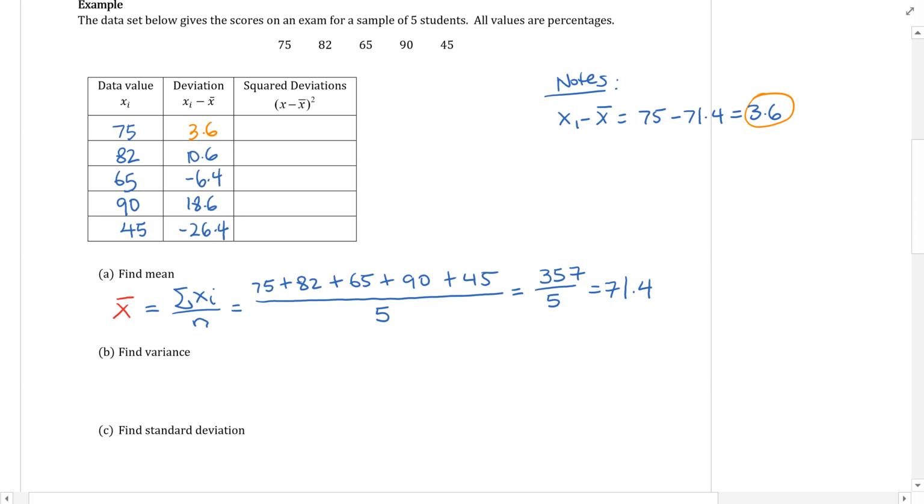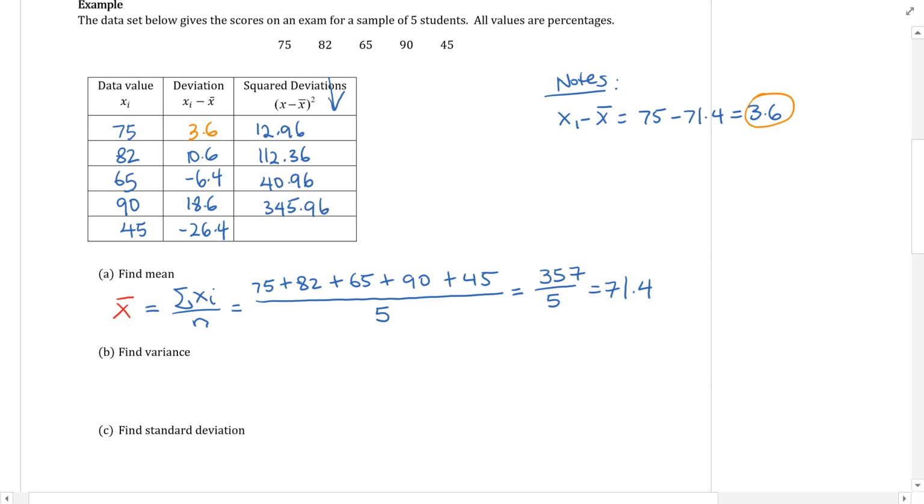Once I've done that, then I square the deviation. So we just square the second column, and I'm going to put it in this column over here. Okay, so I got 12.96, then the next one is 112.36, and then negative 6.4 squared is 40.96, and then 18.6 squared is 345.96.